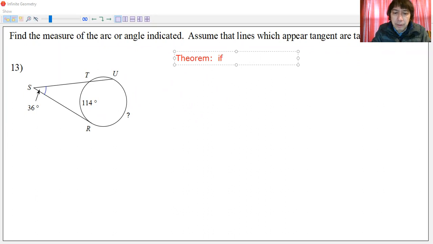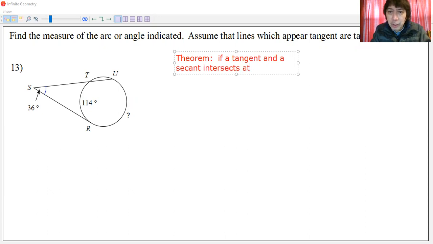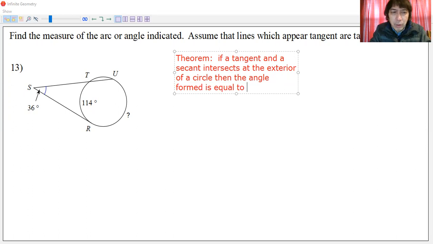If a tangent and a secant intersect outside the circle, at the exterior of a circle, then the angle formed is equal to one half the difference of the intercepted arcs.